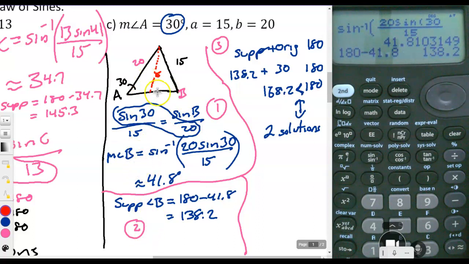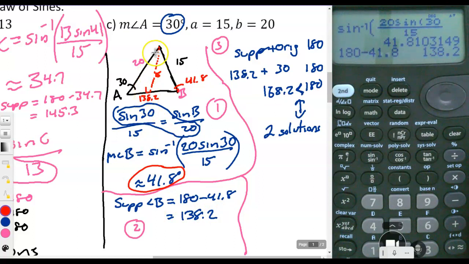So the first angle would be 41.8. That's the one we found right here. That would be for the acute angle. This will be its supplement. So this angle on the second triangle will be the 138.2.